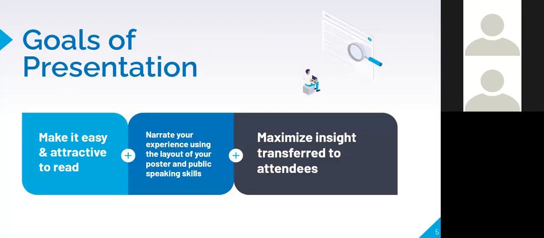So the goals of presenting in general is to have your poster easy and attractive to read. It should not be cluttered. It shouldn't be hard on the eyes, etc. Also, you want to narrate your experience of your summer research using the layout of your poster and public speaking skills.